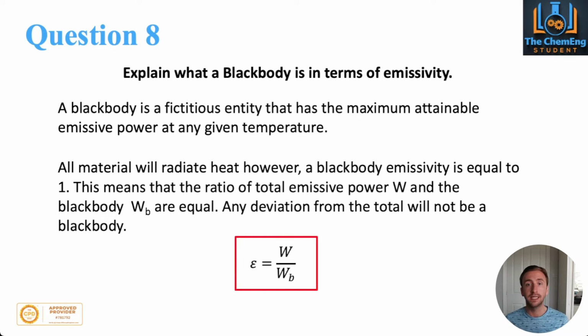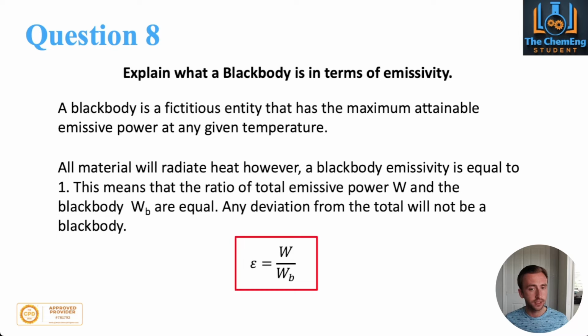So the emissivity is basically between 0 and 1, 1 being that it has the largest and maximum total emissive power. So basically the ratio of the total emissive power versus the emissive power of the black body itself would be equal to each other, so that this ratio would be equal to 1. So therefore what you are saying is a black body emits all of the allowable maximum attainable power for that given temperature that you are operating in.